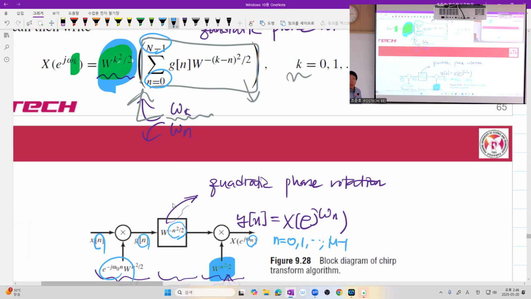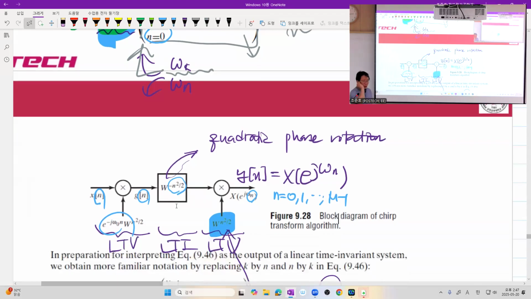for capital M values. And you may say that, wait a minute, in Goertzel's algorithm, we had a bank of LTI filters. Now, in this special case, we have what? A single LTI system, linear time invariant system, but these multipliers with time varying signals are linear but not time invariant.